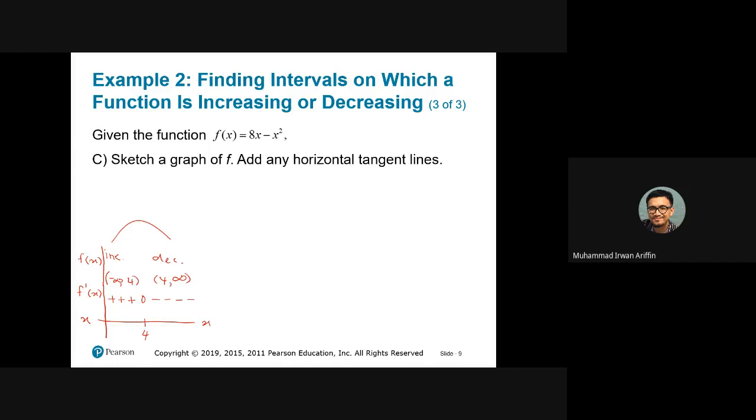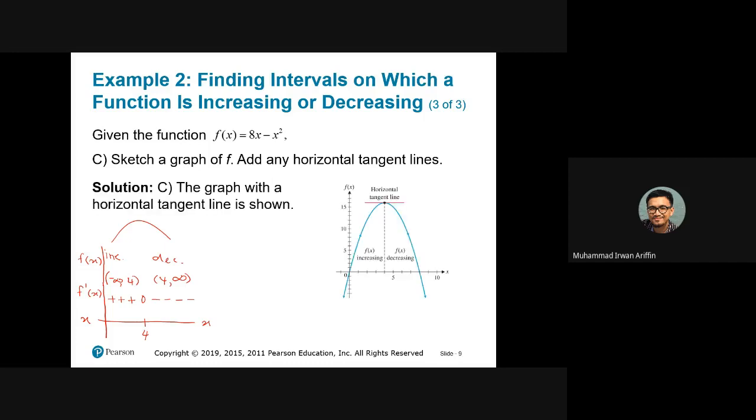Based on this information from part A and part B, you should already be able to guess how the graph of this function, 8x minus x squared, would look like. So this is how it looks. This is 4, the partition point that separates the graph into two sections, increasing and decreasing.